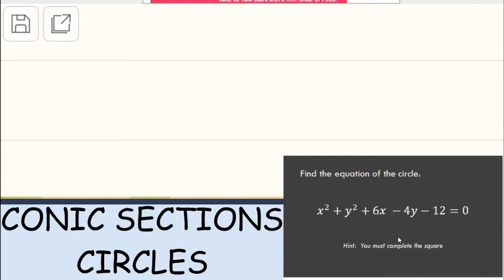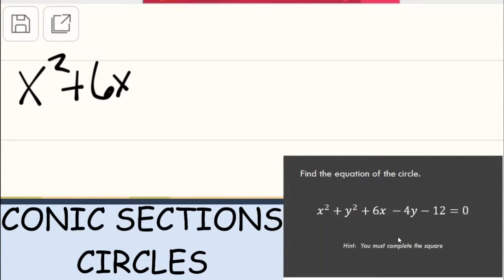Unang gagawin natin is pagsamahin natin yung magkakapareho ng variables. So, yung x squared at 6x, pagsasamahin natin, ayusin natin, pagtatabihin. And then, y squared and minus 4y. Pagtabihan natin para at least maganda tingnan. And then next, sulat natin x squared plus 6x.